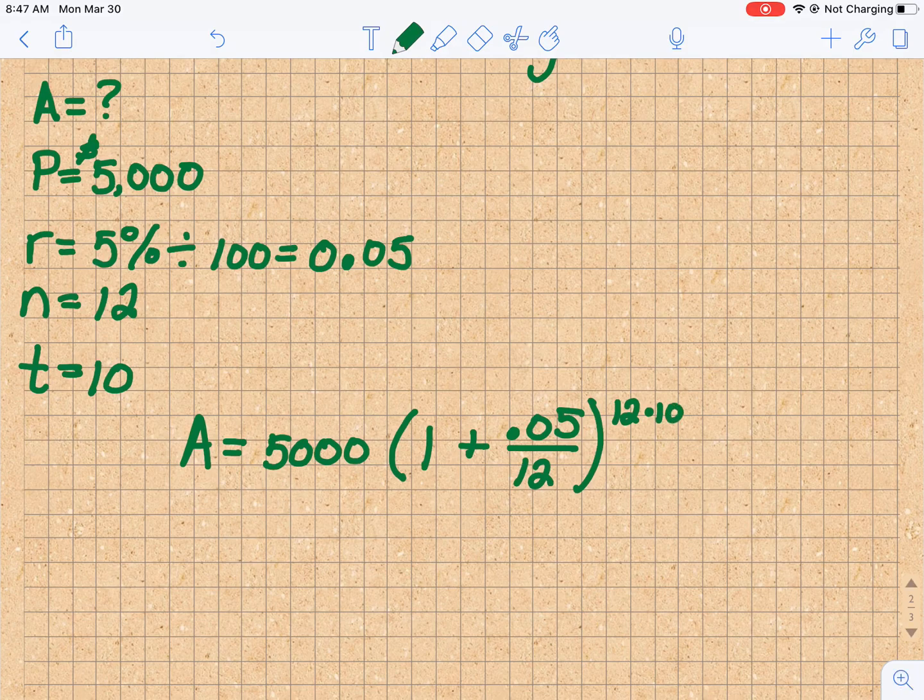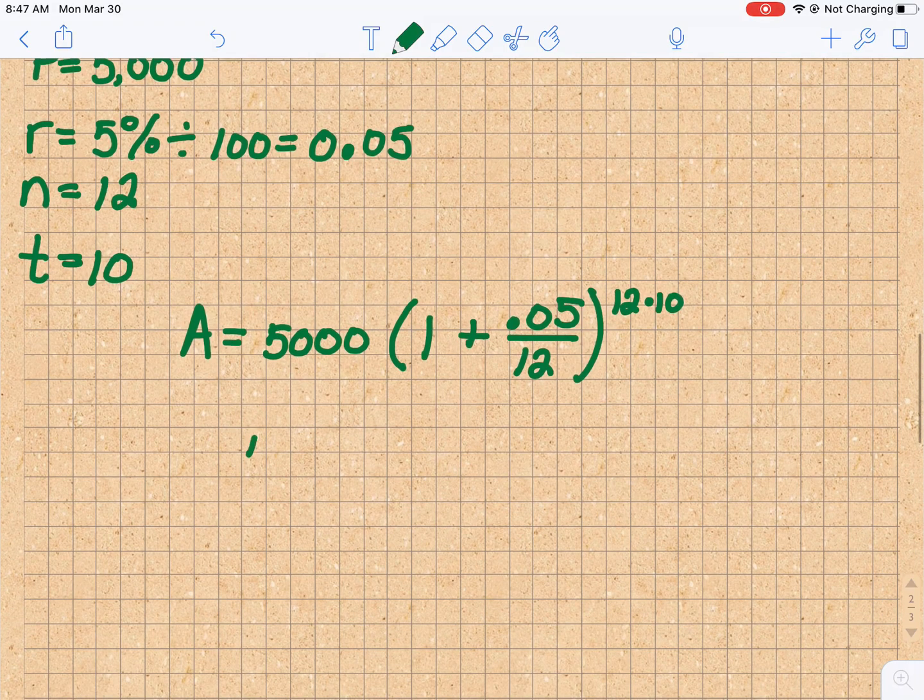Now you can put this directly into your calculator exactly as you see it in the home screen because we're looking for an answer. What you need to be careful, depending on your calculator model, is that both 12 and 10 are in the exponent. For some of you, if you have an older TI, you might want to put in 5,000 times (1 plus 0.05 over 12), raised to the 120. It's just a little bit easier.